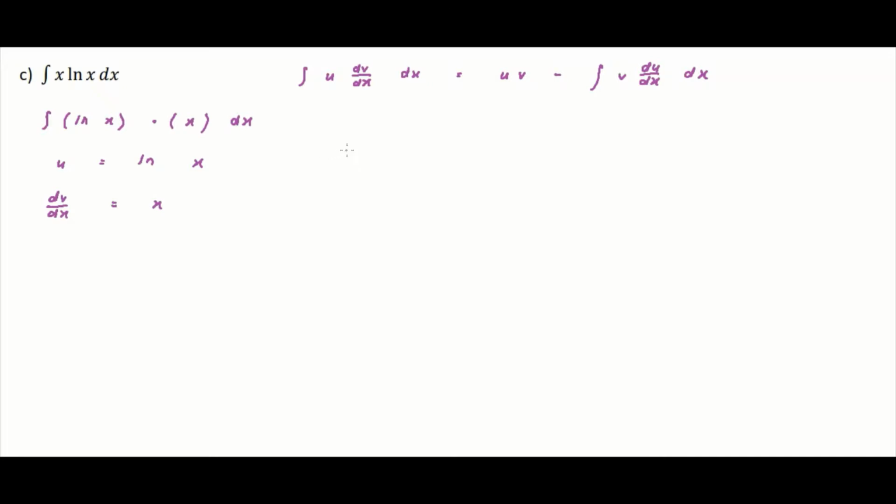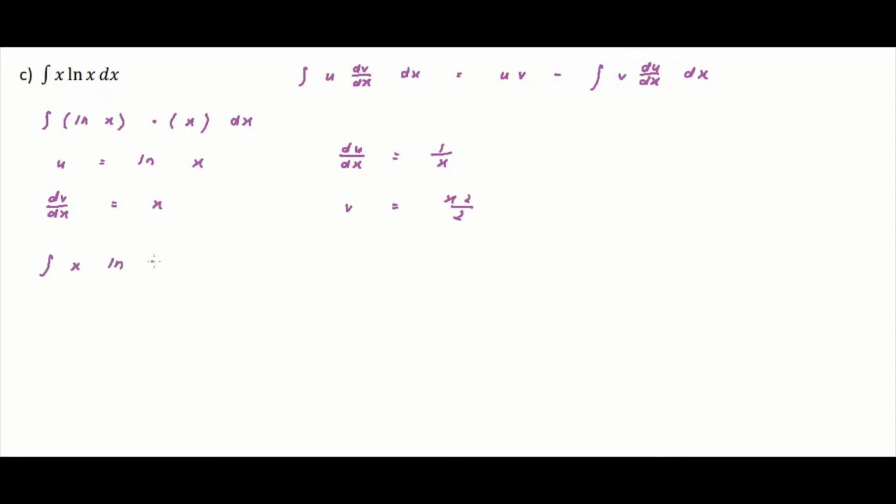Okay, so differentiate first. So du dx will actually give you 1 over x. And for this part, it will be your v. So integrate x, you will get x squared over 2. Alright, so now let's move on. We can try to put this in the formula that you have already.